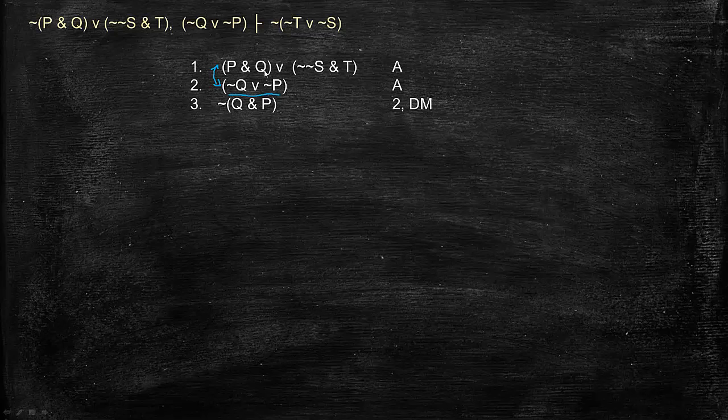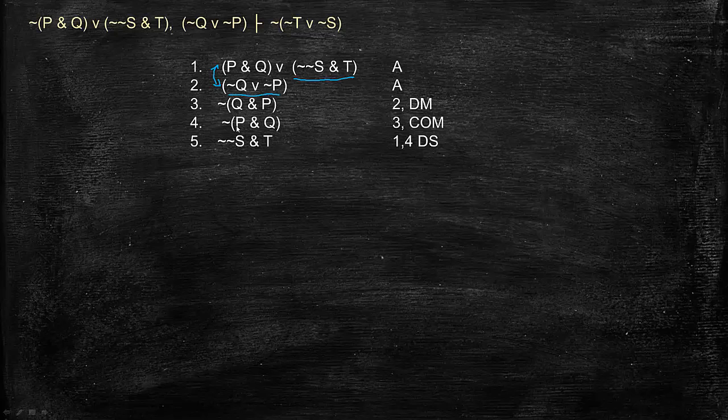When I say basically, that doesn't mean it's the same though, right? You can't apply these yet because you first have to apply the commutation rule, which is also an equivalence. So Q and P is logically equivalent to P and Q. So you substitute P and Q for Q and P, and now you've got the negation of this first formula, P and Q, which by disjunctive syllogism gives you this formula, not S and T.